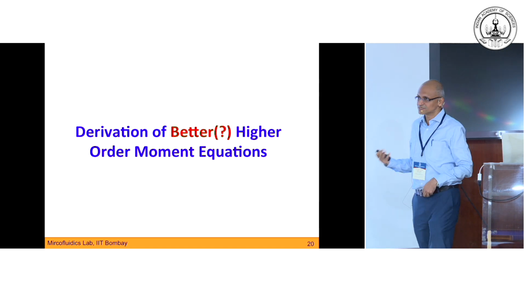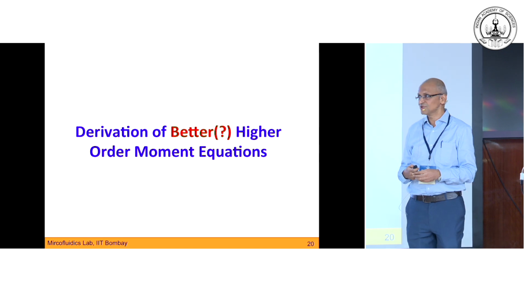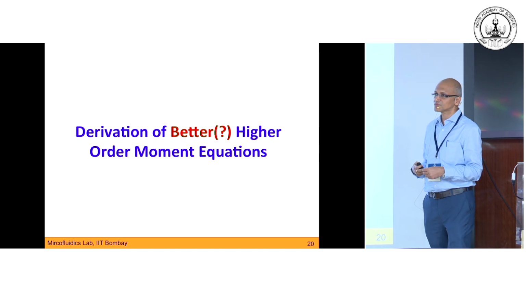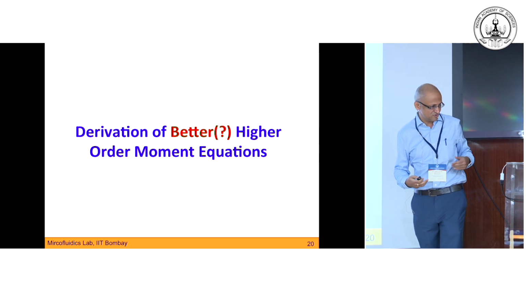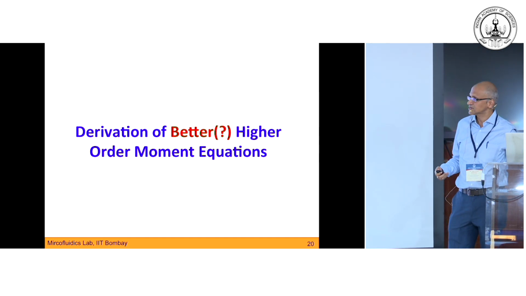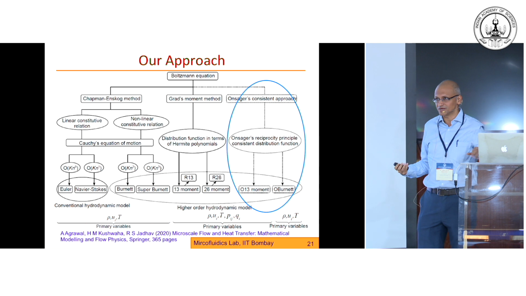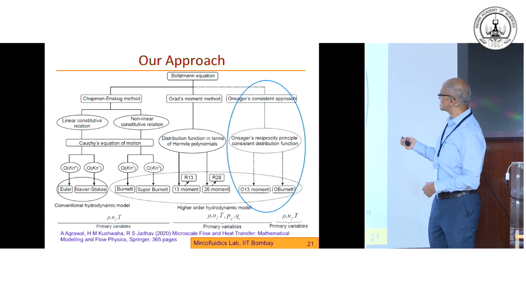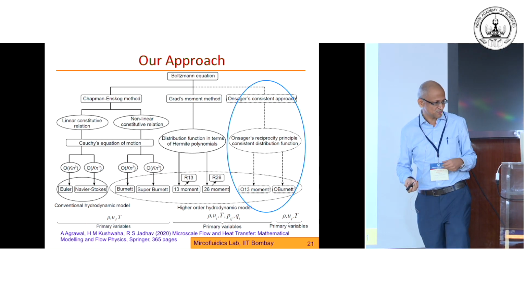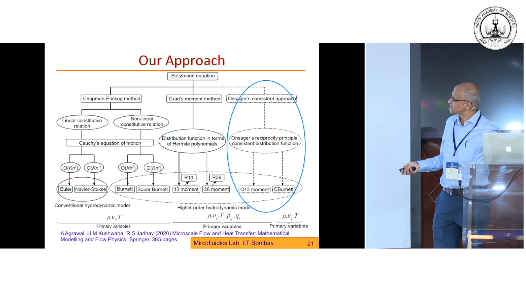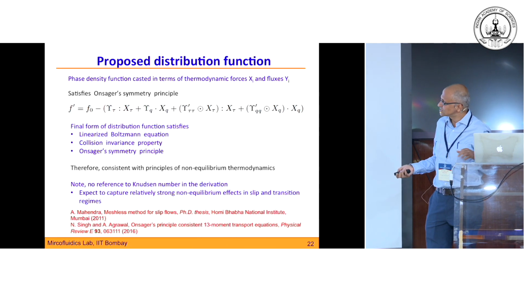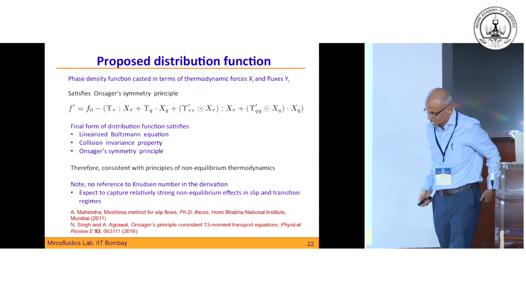So that begs the question: is it possible to derive higher order equations in an alternate way, where we bring in the right physics, and therefore whatever equations we get will be better? This brings us to the third vertical, which is our contribution, where we bring in an Onsager principle based approach.